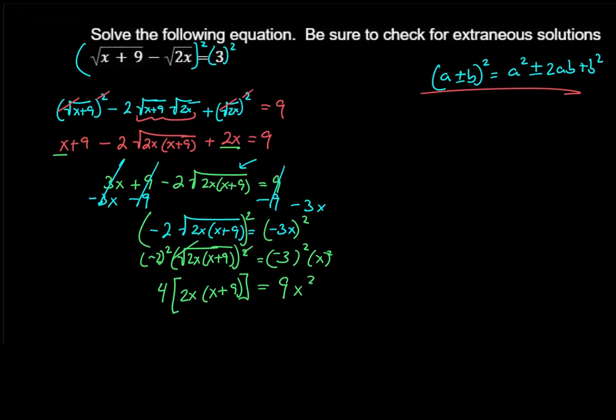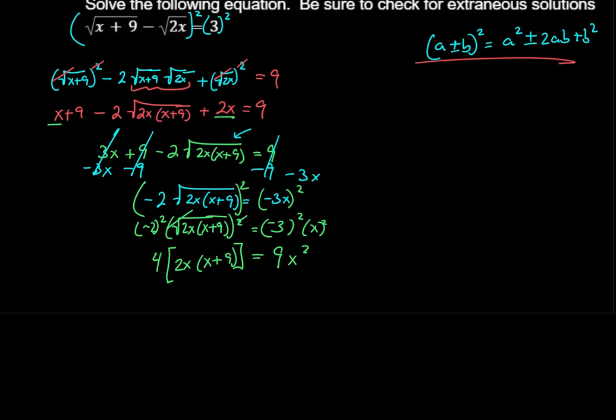We're just going to have to clean this up a little bit, and then we'll be able to solve it. So I'm going to go ahead and start distributing some stuff through. Distribute my 2x through, giving us 2x squared plus 18x. And then I still have to distribute my 4 through. So if I distribute the 4 through, it's going to be 8x squared plus 72x.